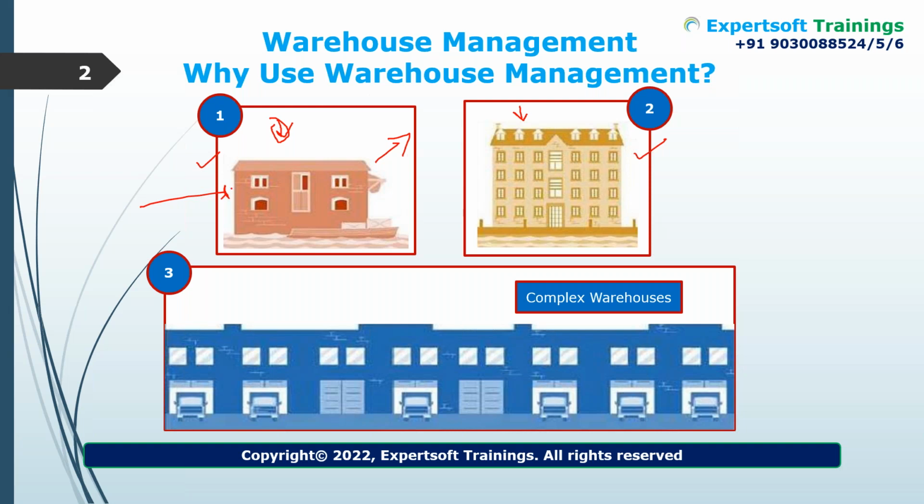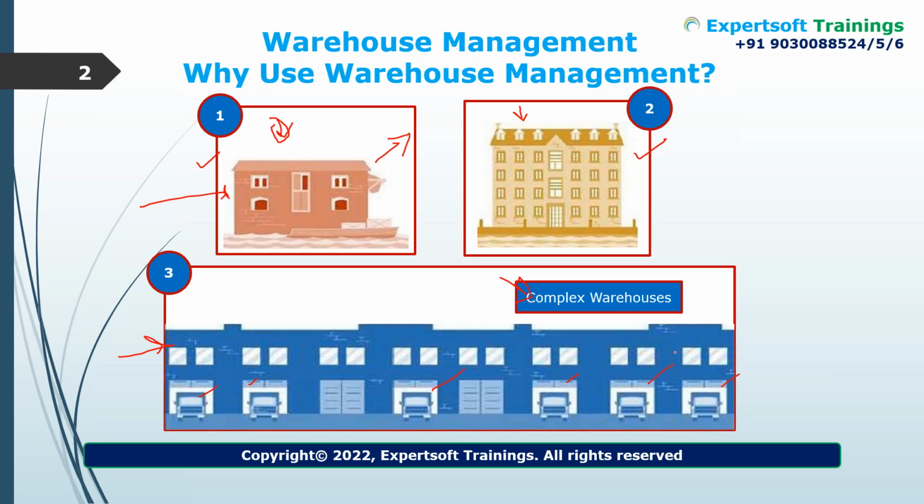And the third diagram is a very complex warehouse. As the diagram shows, you can expect this is a very huge warehouse facility where you have multiple doors and complex processes like multiple door functionality, batch management, quality management, handling units, cross-docking.